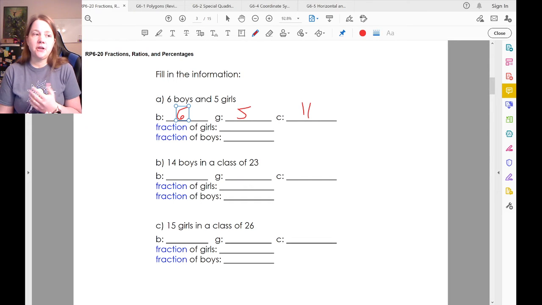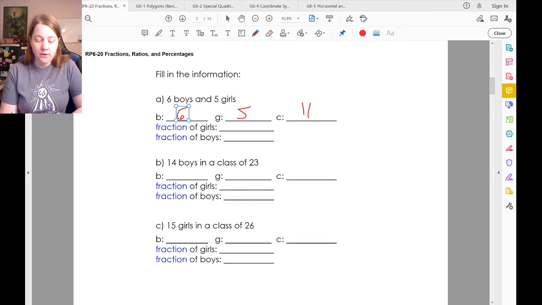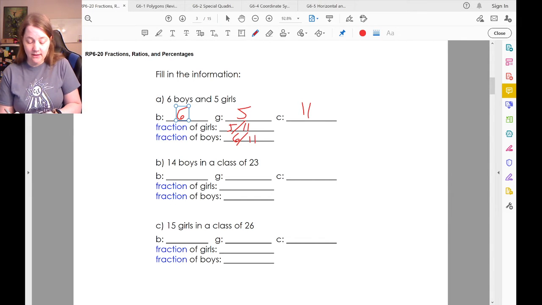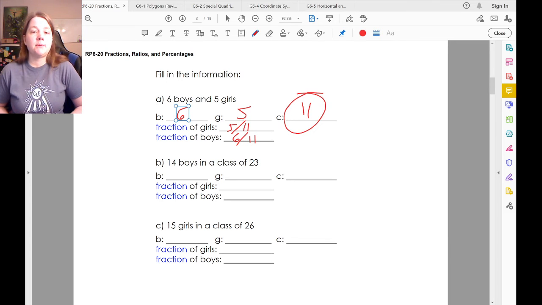Well, the fraction of the girls would be 5 over 11. 5 girls for every 11 students. What would the fraction of the boys be? 6 boys for every 11 students. Do you see how this would represent our total? And then we would take either the boys or the girls to put in our numerator.